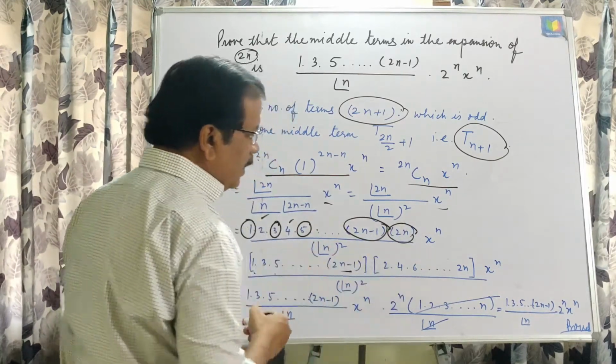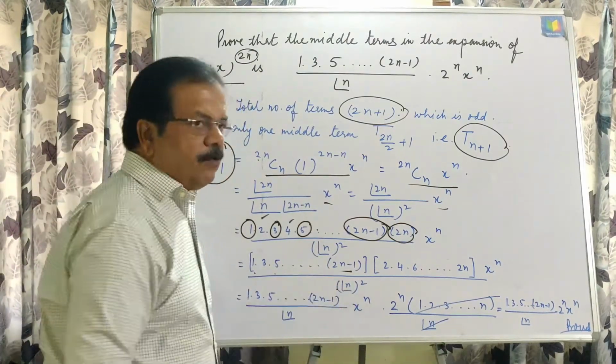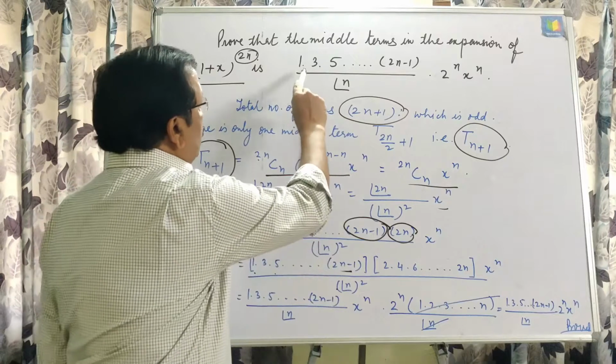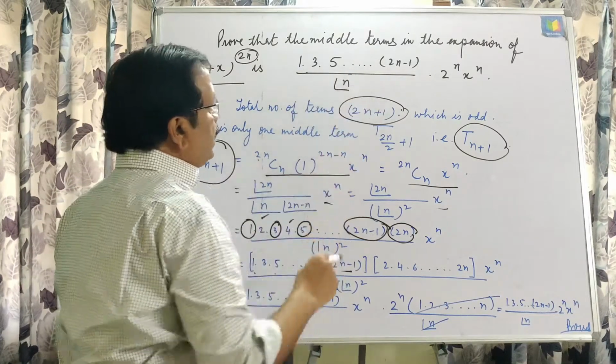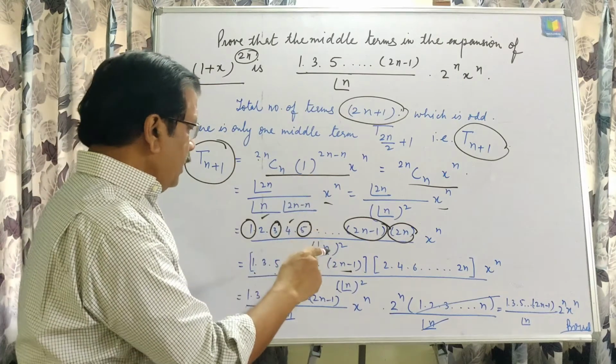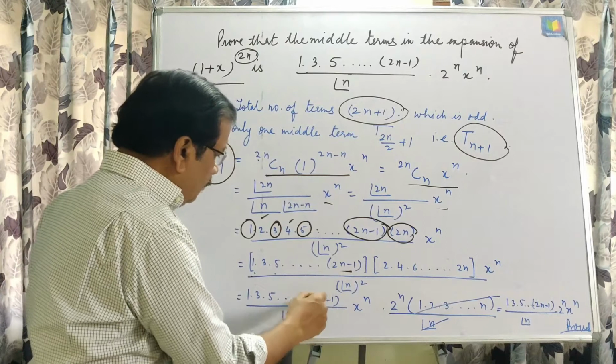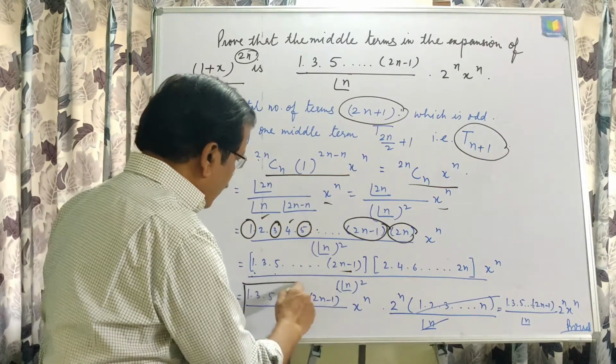This way we can write this expression over (n!)², but we have to prove 1·3·5···(2n−1)/n! · 2^n x^n, so writing it this way over n! x^n.